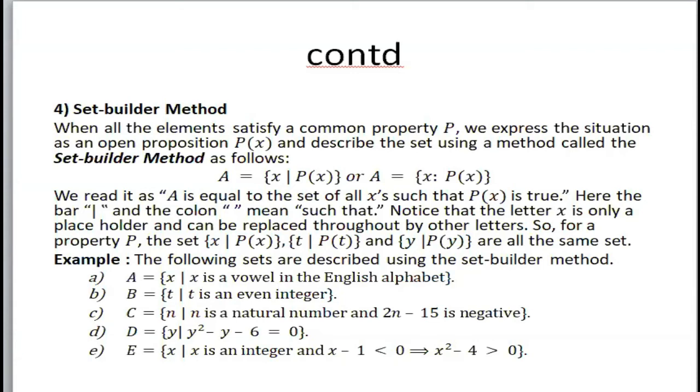This is another method to describe a given set. Look, set A is going to be described with the set builder method as follows: A equals the set of x such that P of x.